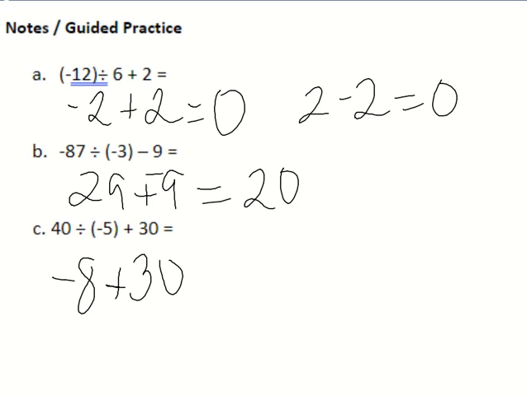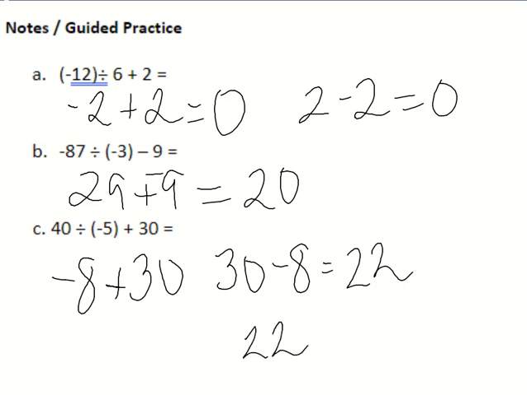I need to take the absolute values of both of those and subtract. So I'm going to go 30 take away 8, and we're going to get 22. And then we keep the sign of the greater absolute value. Which one has the greater absolute value? Since 30 is the greater absolute value, it is going to be 22, positive.